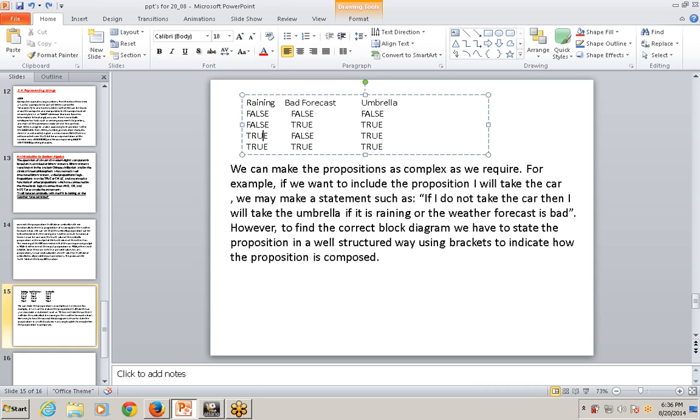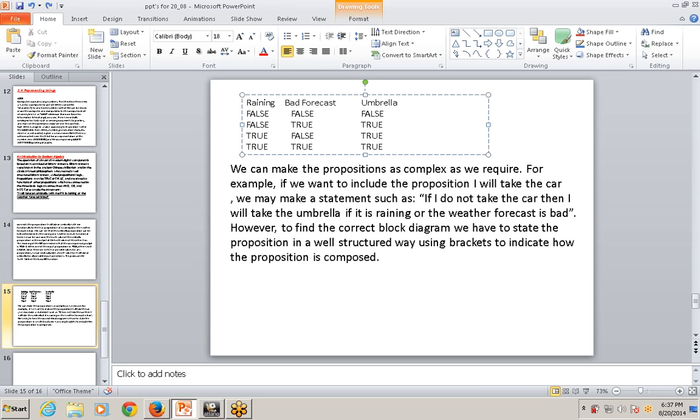If it is raining and the weather forecast says there is no rain, the output is also true. And if both the inputs are true, then the output is also true. These are the multiple conditions. In simple terms, if any one of the inputs is true, then the output is true.